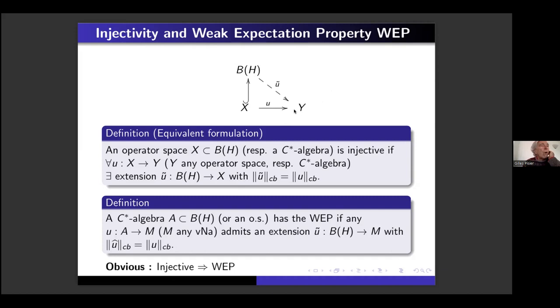So Y is a dual space, which is special. And then I'm saying I can find an extension from B of H to the von Neumann algebra with the same CB norm. This is obviously a weaker property because the diagram is now restricted to maps with range a von Neumann algebra, a dual C-star algebra.